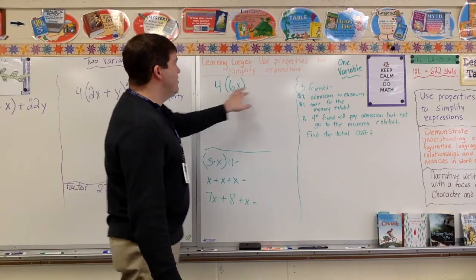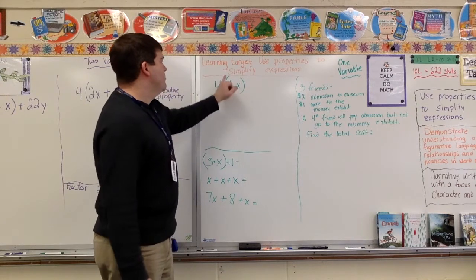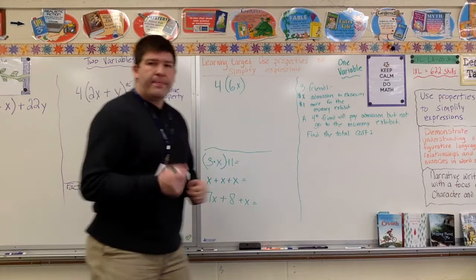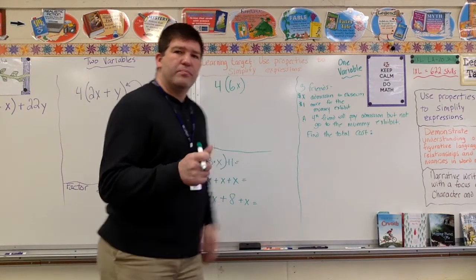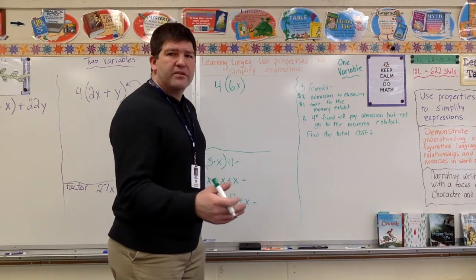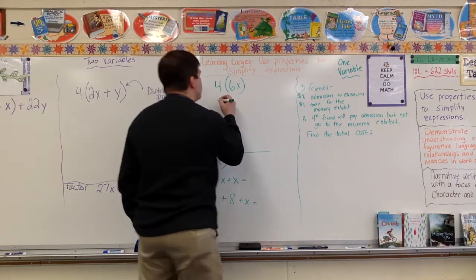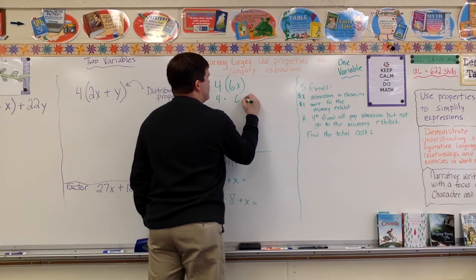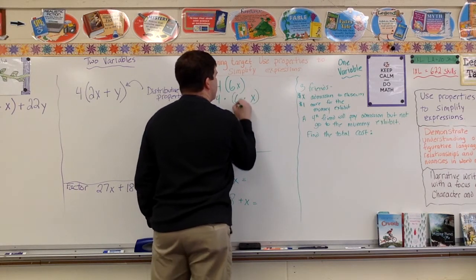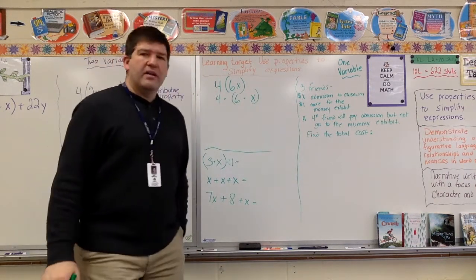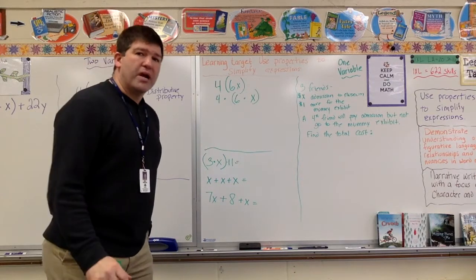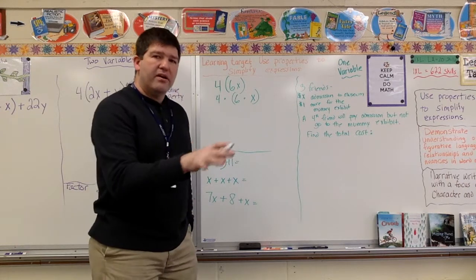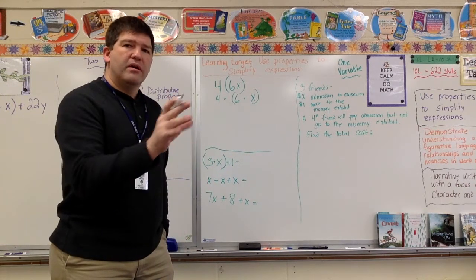Okay, so here we have one variable, 4 parentheses 6x. So we can use some properties to help us to make sure that this can work. If I spell this out, it's 4 times 6 times x. Now, I know that the associative property tells me that when it's all multiplication, it doesn't matter which numbers I associate.